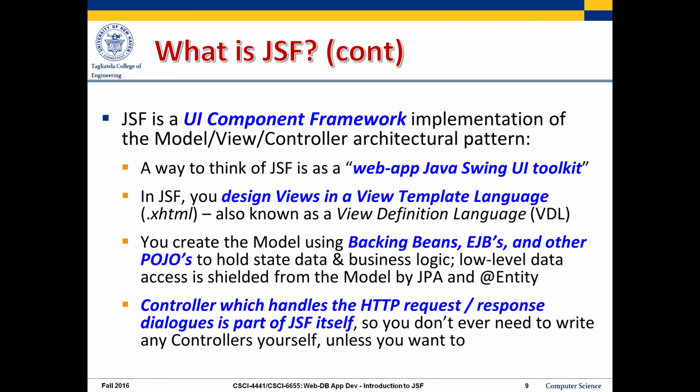It's responsible for updating the model, or at least sending notifications to the model to ask the model to update itself, which is the more proper way of thinking about it. And then it's responsible, as I showed you, for selecting and rendering the next view, which is then sent back to the user.